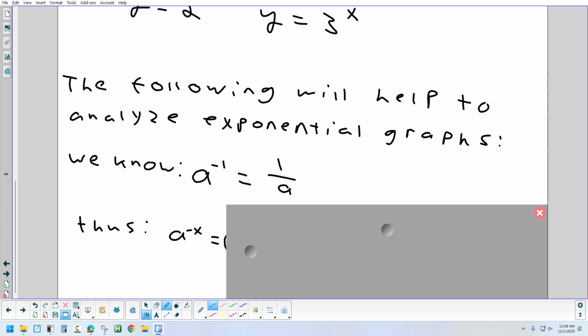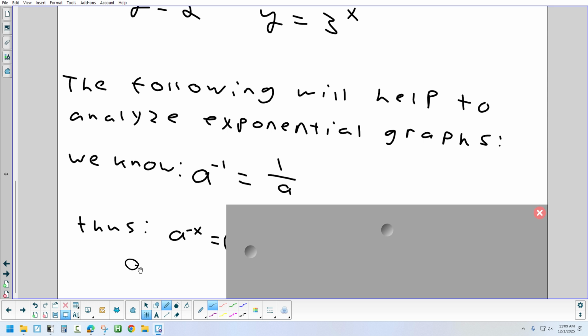So let's say we had a to the negative x. That negative in front of the x is going to mess up trying to look at this graph. So we're going to get rid of that negative. What number is in front of x here, even though it's not written? And what does that symbol do to it? Yeah. Negative 1.